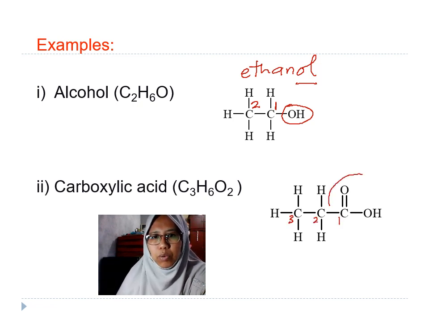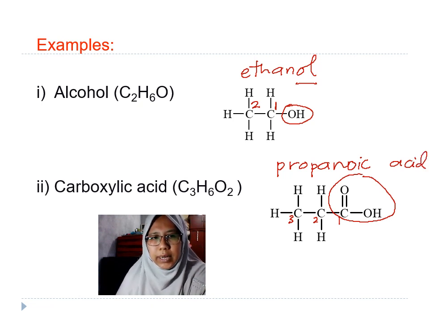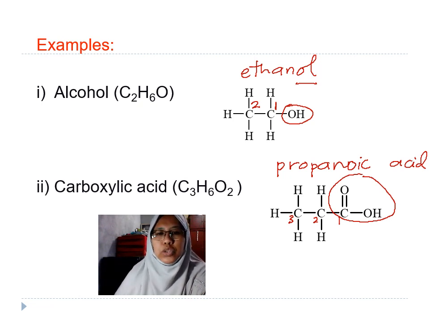This is carbon number 1 that is attached to the carboxyl group. So instead of calling it propane, we call it propanoic acid. So this is the IUPAC nomenclature for the examples that are given to you.